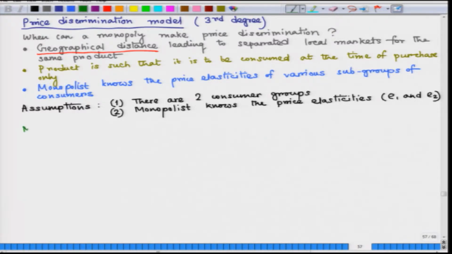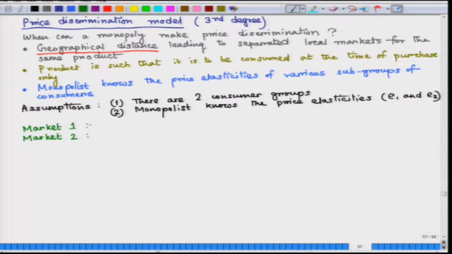As there are two different groups of consumers, we call them market 1 and market 2, because if the monopolist wants, the monopolist can create two different markets for two groups of consumers.